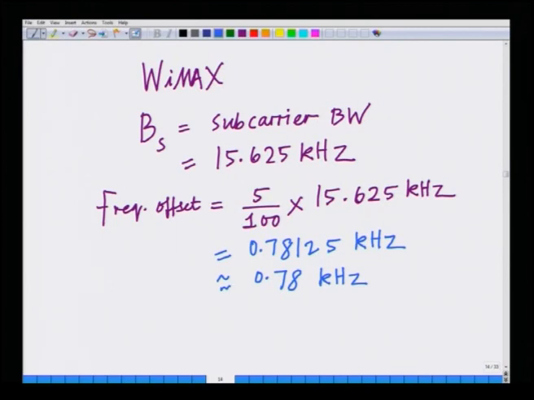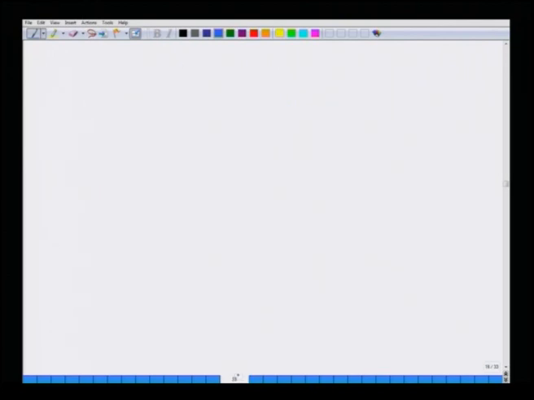So, if you look at this absolute frequency offset as a percentage of the carrier frequency, what is the percentage of this frequency offset at 2.4 gigahertz?